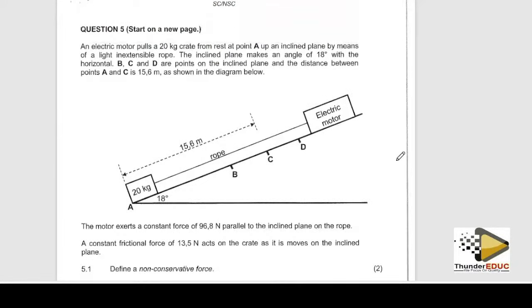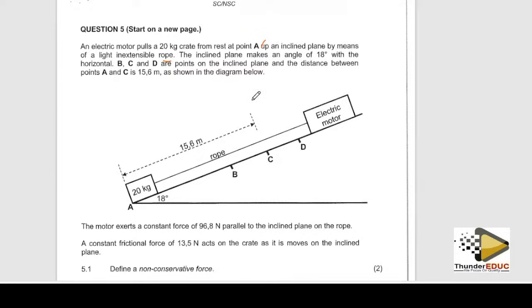Let's look at question number 5. Number 5, it's telling us that we have an electric motor that pulls a 20 kg crate from rest at point A up an incline by means of an inextensible rope. The inclined plane makes an angle of 80 degrees with the horizontal.